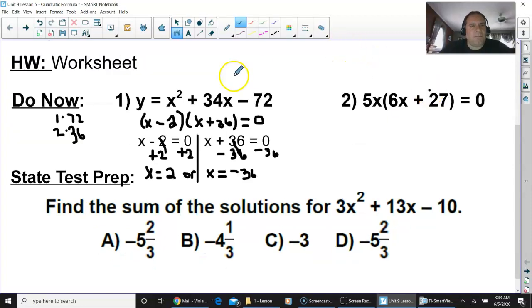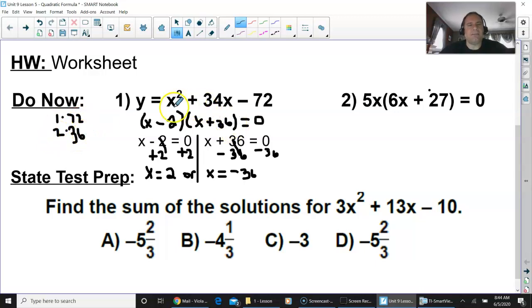Right, so I found out that I was looking for numbers that multiply to 72 and that add to 34. Remember, it has to multiply to a negative, so one of them has to be positive, one of them has to be negative. And I found out that 1 and 72 did not work. 2 and 36 did, though.